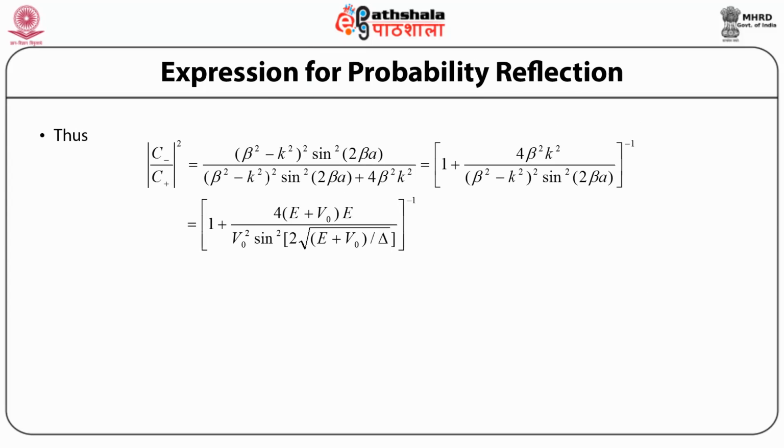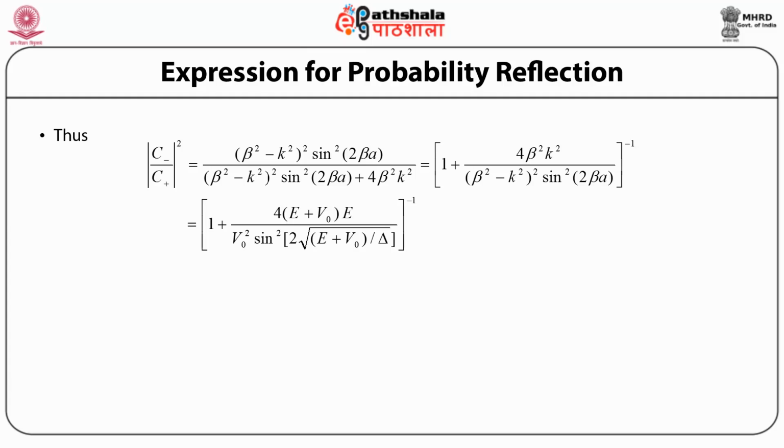Thus, the square of the modulus of c minus by c plus is equal to (beta square minus k square) whole square times sine square of 2 beta a, divided by [(beta square minus k square) whole square times sine square 2 beta a plus 4 beta square k square].